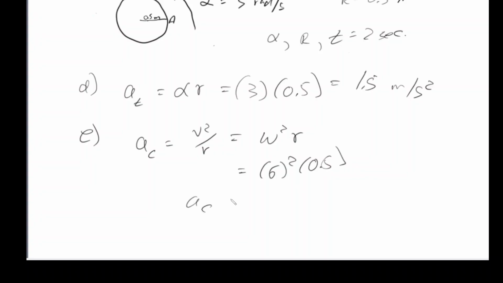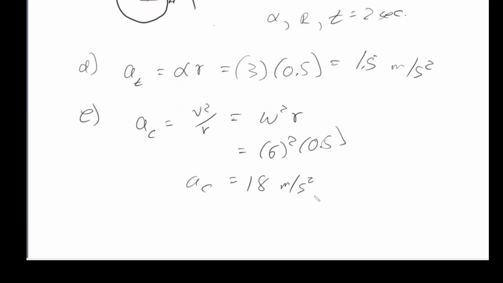So centripetal acceleration comes to 18 meters per second squared. And this isn't 0 because the direction of the velocity is constantly changing. So even though the speed is constant, its direction is changing, which gives it a centripetal acceleration.